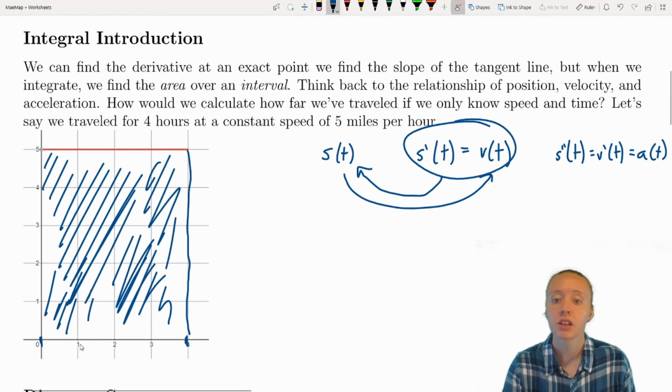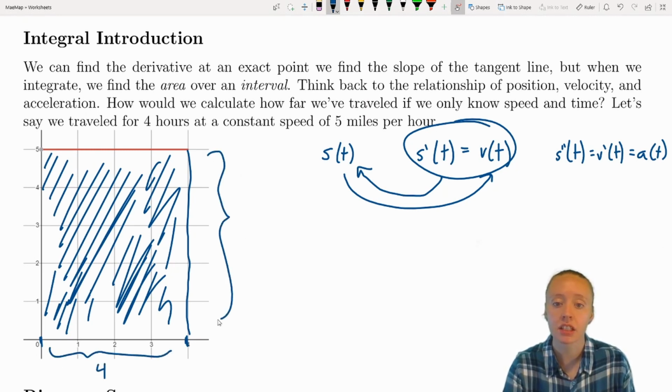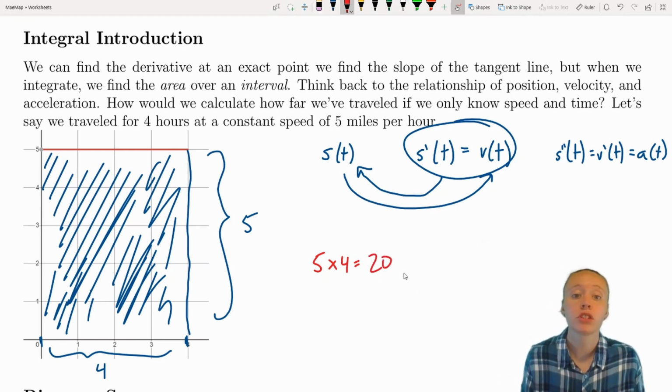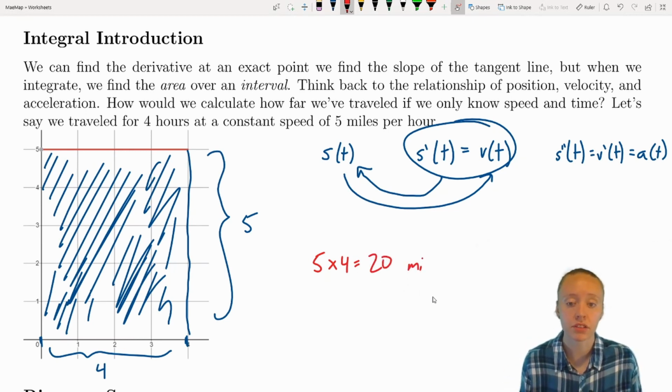You can see that here we have a width of 4, and here we have a height of 5. So multiplying 5 by 4, I'm going to get 20. So we traveled 20 miles.